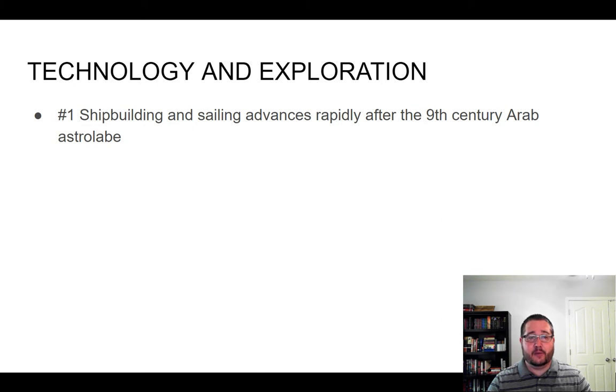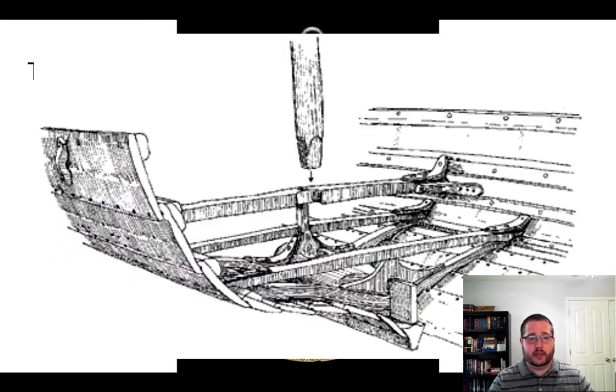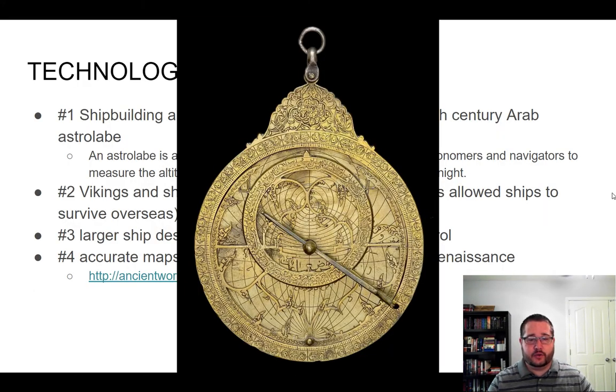For instance, the Arab astrolabe. An astrolabe is an inclinometer that, I'll try to explain it the best that I can. You hang it off of a ship, and it moves with the ship to always basically stay level. And then you use a line on it. It looks like this. You use this line as the horizon line.